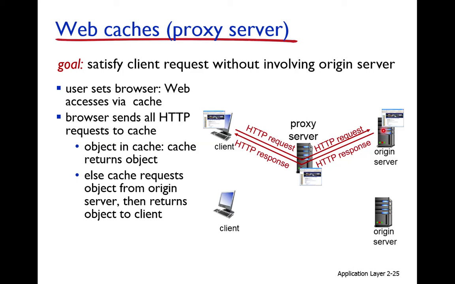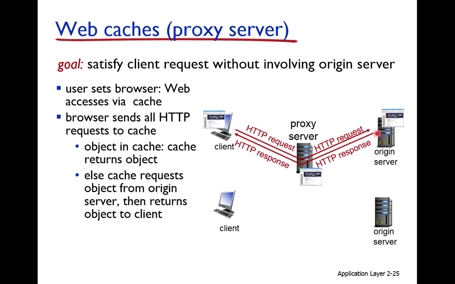So when the origin server, Facebook, receives the HTTP request message, the server responds with the object in an HTTP response. For example, this user has requested the Taare Zameen Par movie, an Indian movie. Suppose this user has requested that object, and that object is not present with the proxy server, so it forwards the request to the server, where the Indian movie is stored.